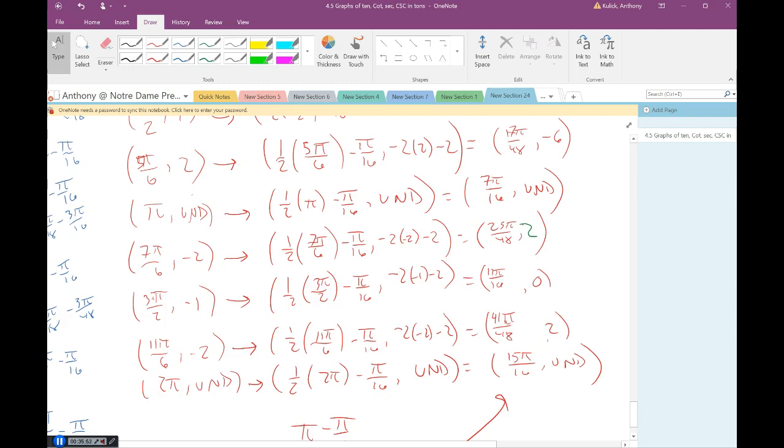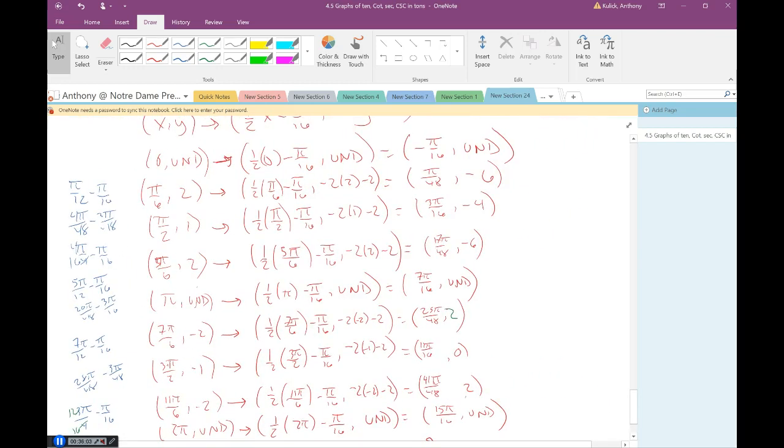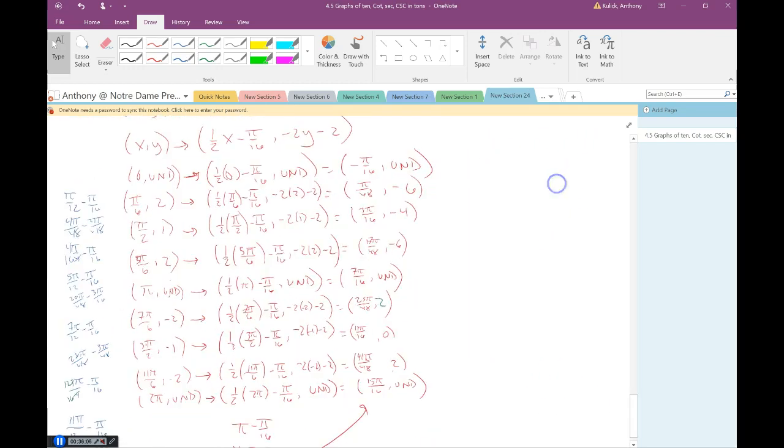Okay, so this looks pretty horrible. Let's make it doable, though. What I would do first is, notice that if I look at the x coordinates here, they have different denominators. What I'm going to do is rewrite them so that they all have the same denominator.